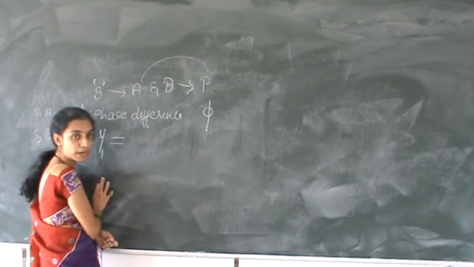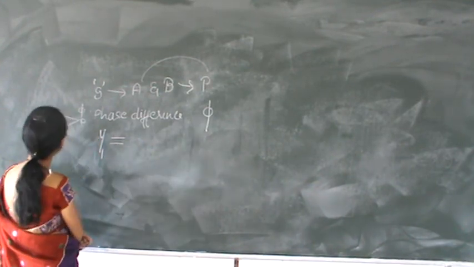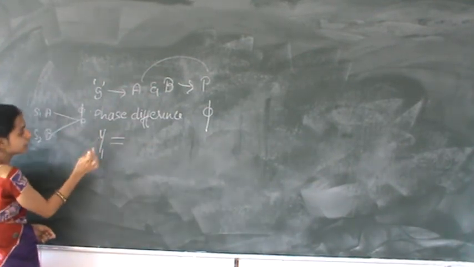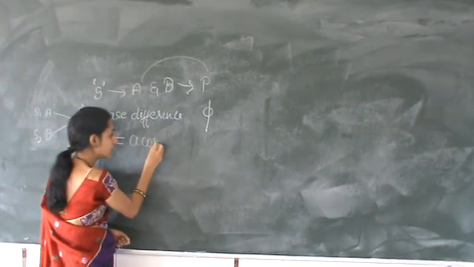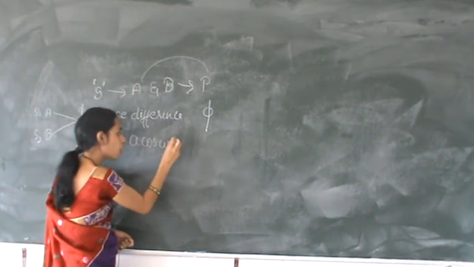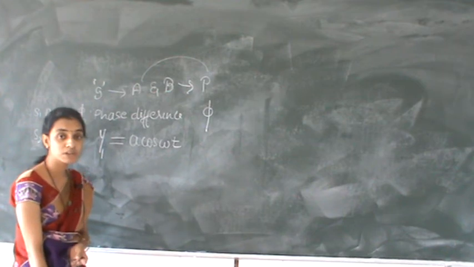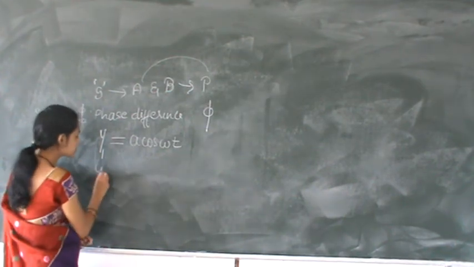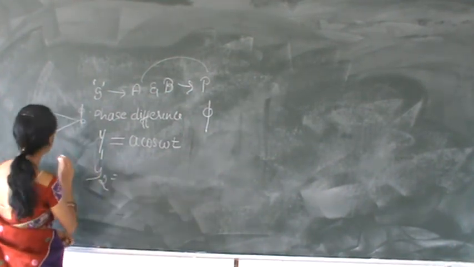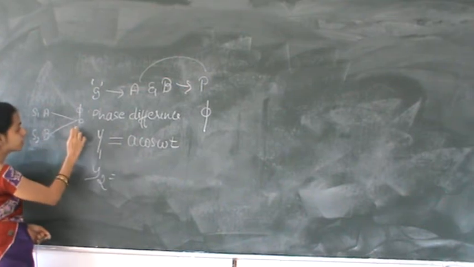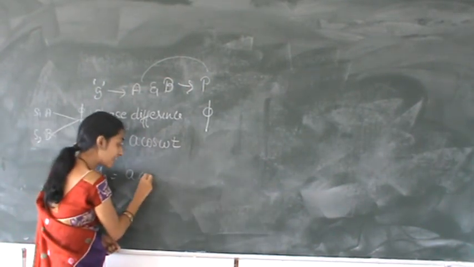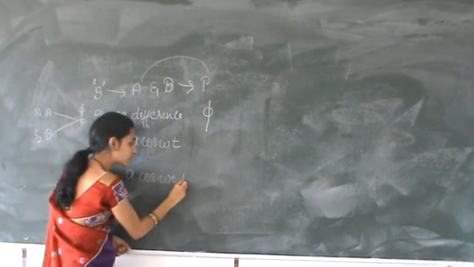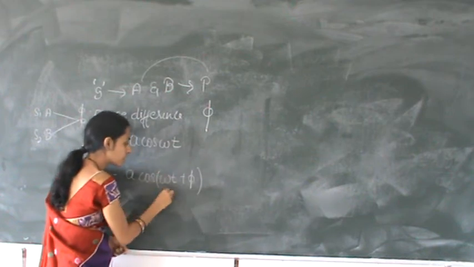The displacement from A to P, I can write, y1 is equal to A cos omega t. Y2 is the displacement from B to P with the phase difference pi, so y2 is equal to A cos of omega t plus pi.